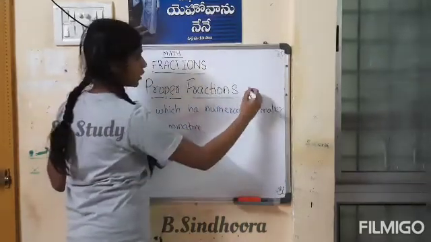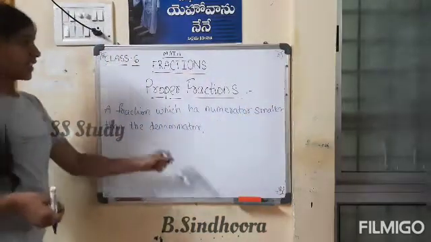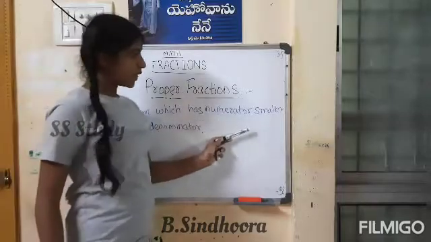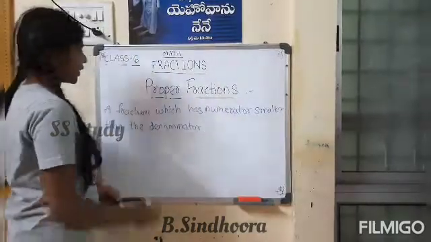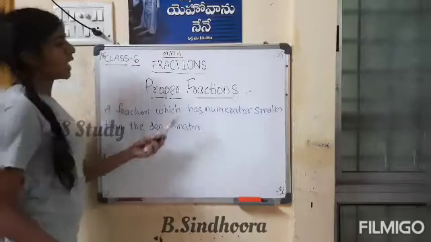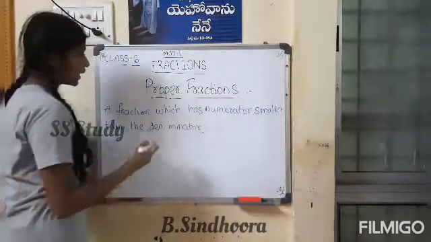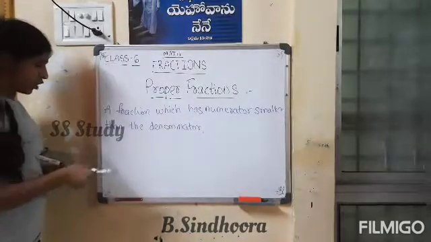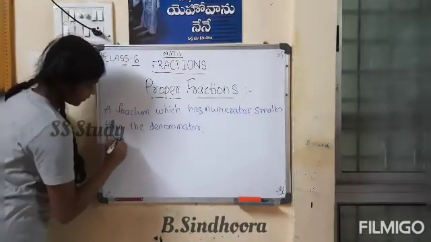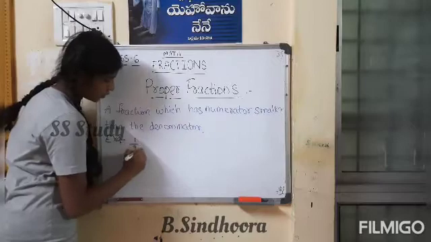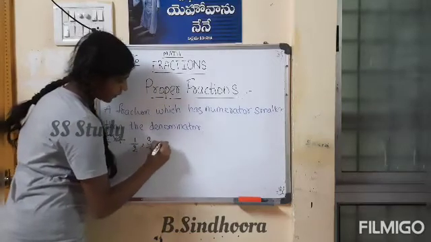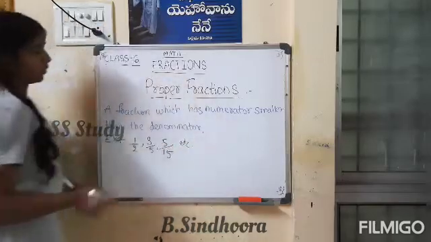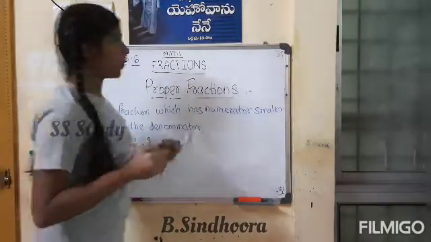You need to write it like this. A fraction which has a numerator smaller than the denominator, or else a fraction which has a denominator bigger than the numerator. You can also write like this. And write also examples. For example, 1 by 2, 3 by 5, 2 by 15, etc. And you can write your own. This is about proper fractions.